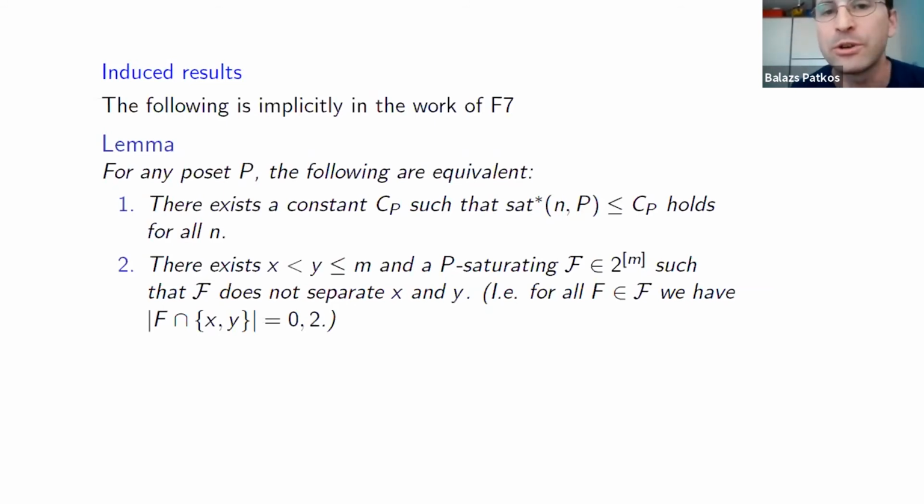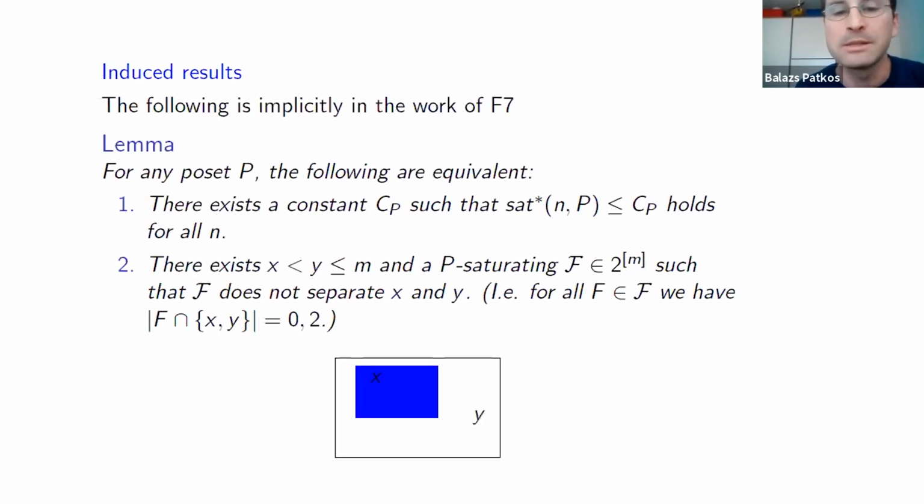It states that 2 things are equivalent. The one is that a poset behaves like the chain, that is, there is a constant bound on the saturation number, or equivalently, for some m, there is a saturating family that doesn't separate 2 particular elements of the ground set. So what does it mean?